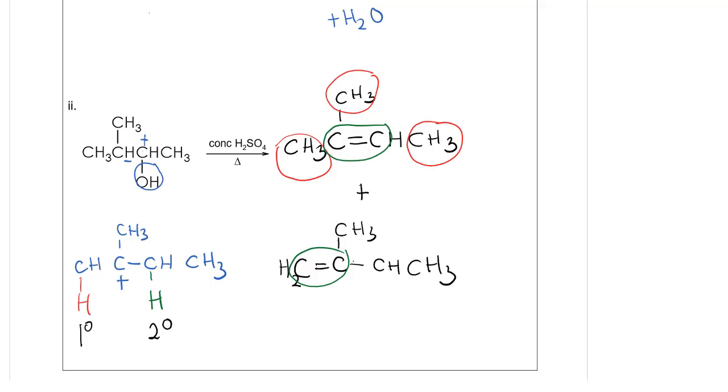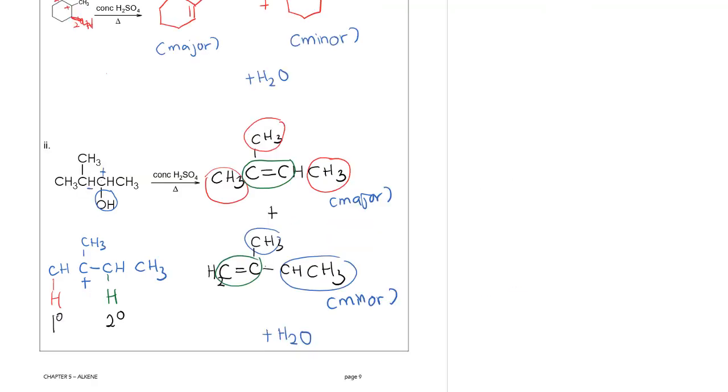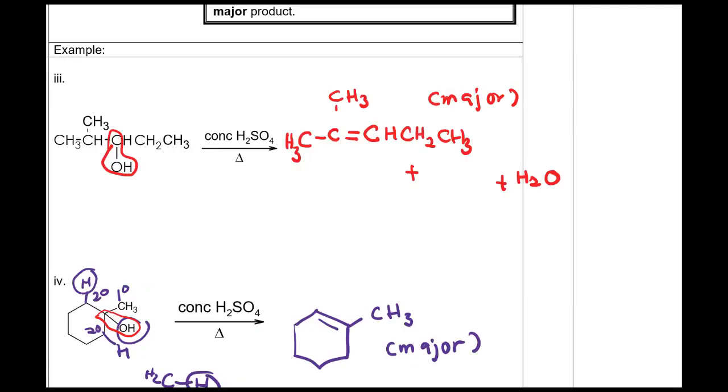But here you only have 2 groups, group number 1, group number 2. The other 2 are hydrogen. So that's why this is the major product. This is the minor product. And water is the byproduct.